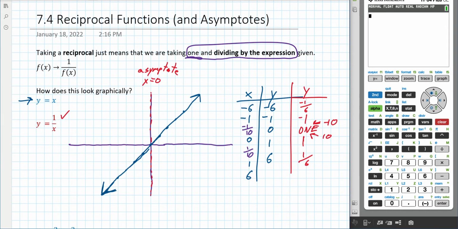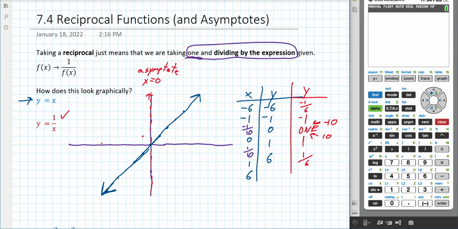Okay, so now if we go into the negatives, if it's -6 for x, then 1/6 is the height. Over here, if x is 1, that goes here. And if you go to x is -1/10, you can see how that goes up positive pretty high.